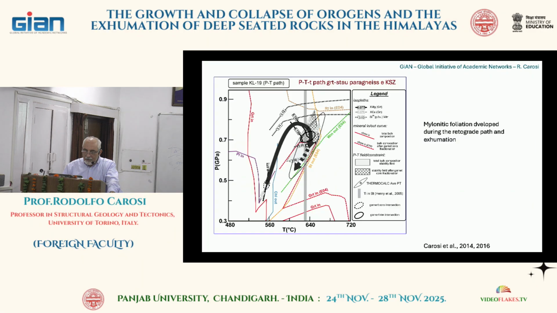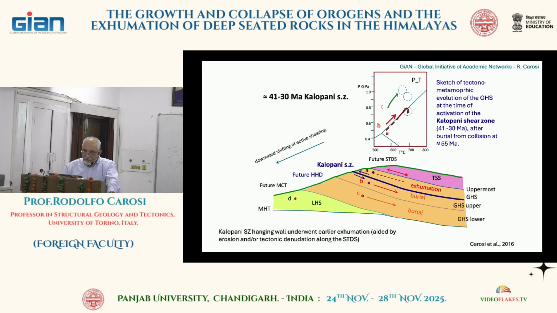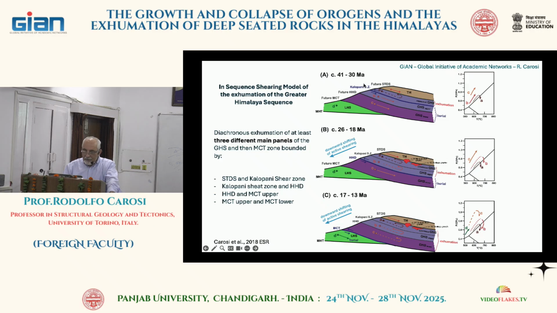But anyway, the data are in favor of an in-sequence shearing model because we have the Kalopani, HHD, upper main central thrust, lower main central thrust. So when we gain information on the age of the shearing, it is moving to the south in an in-sequence way.